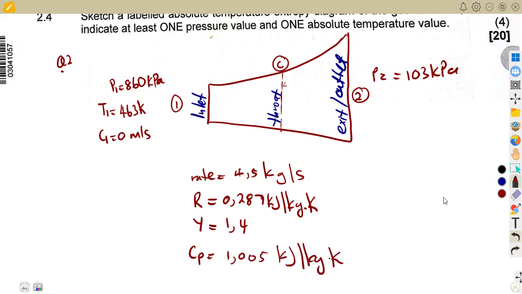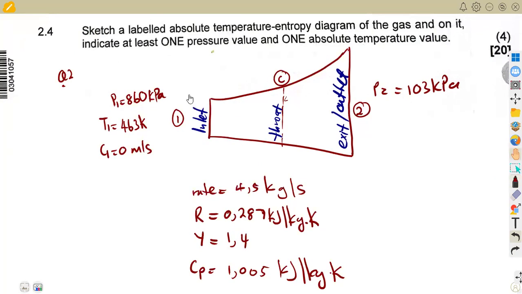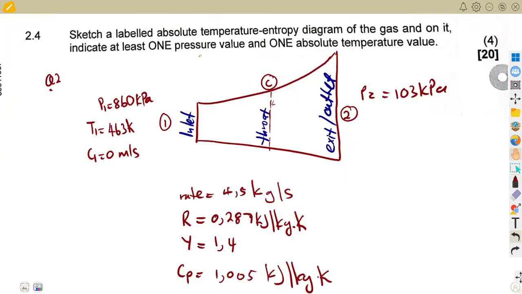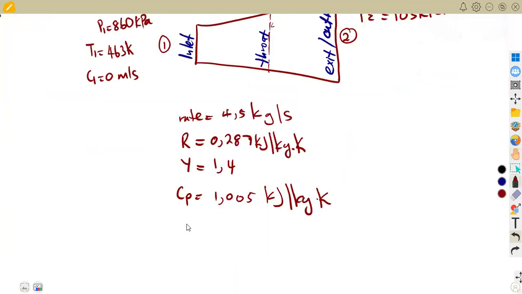Meaning to say, we do not have the constant volume CV. We are not given the constant volume. Just leave it like that.